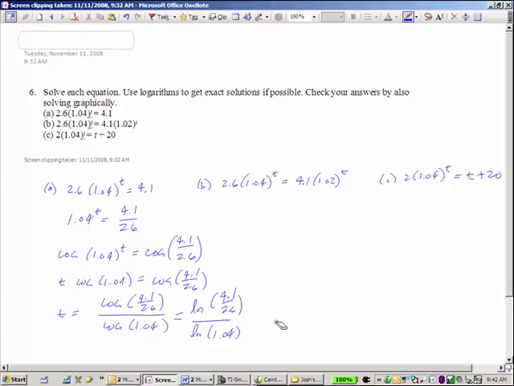All right. Which one do we have to use our calculator for? Have you figured that one out yet? Maybe you haven't. Evan, have you figured it out? Yes, you have to use your calculator for C, because on this side, what kind of equation is it? Exponential. And on this side, linear.